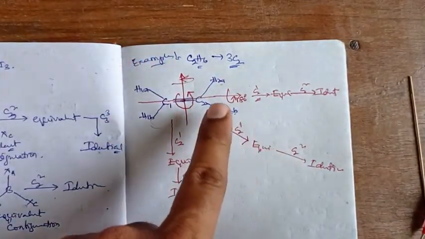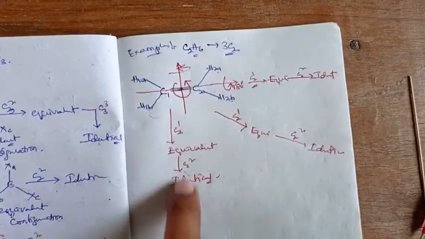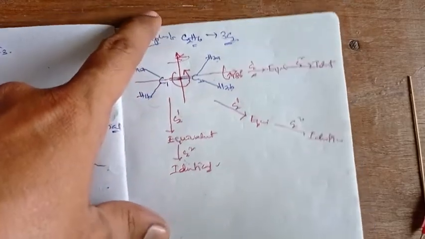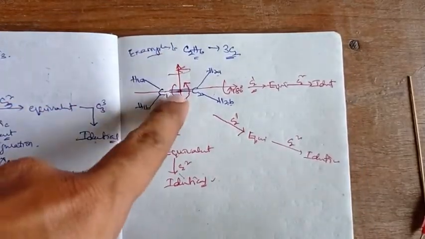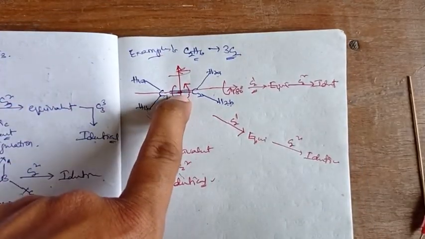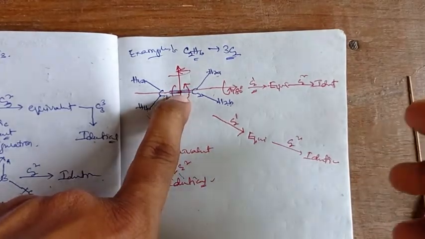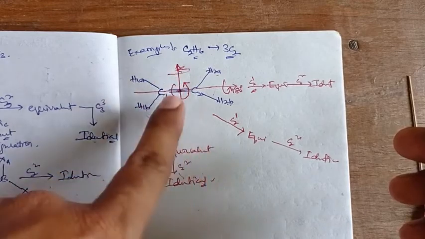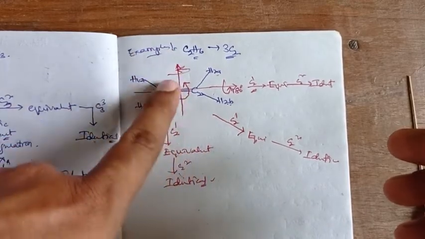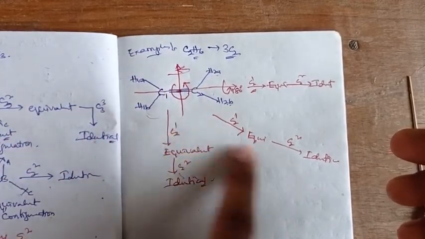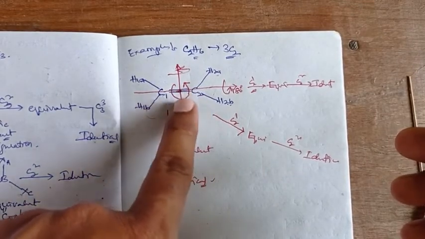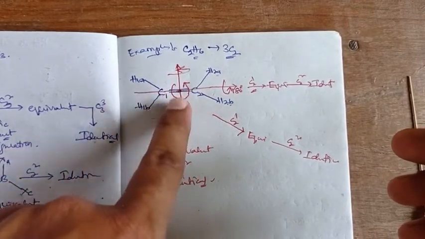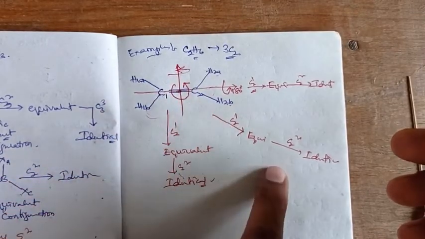When we observe this particular C2 axis, it passes only through the center of gravity vertically, and passes through zero atoms. This other C2 is also passing only through the center of gravity point, so it also does not pass through any atom.